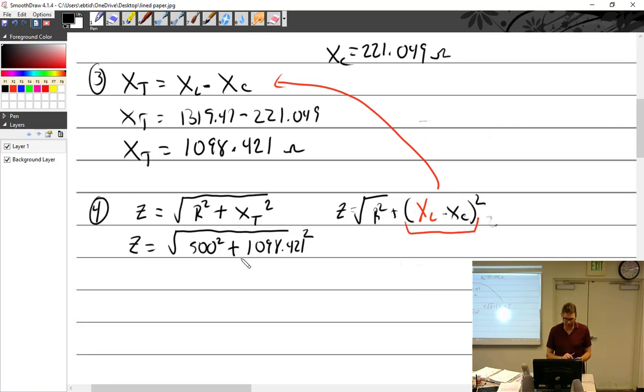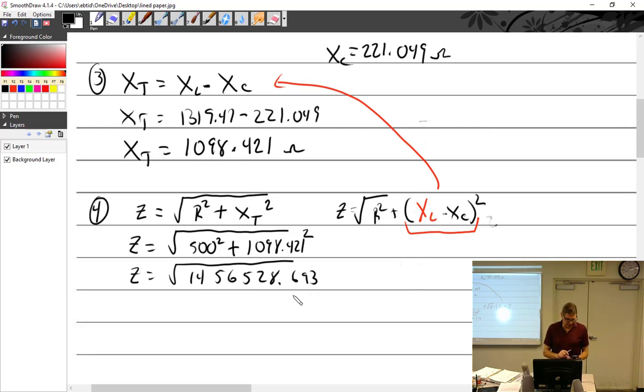I'm going to do 500 x squared plus 1098.421 x squared equals, so I get Z equals the square root of 1456528.693.